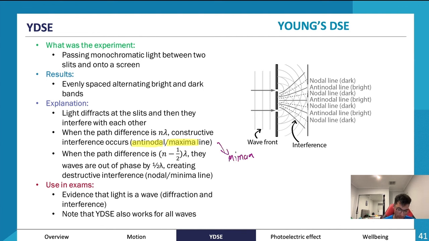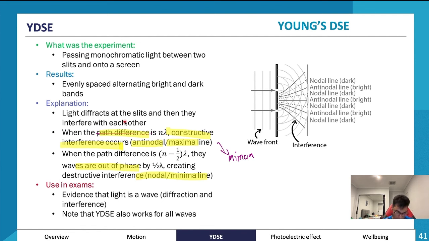You want to be saying words such as path difference, constructive interference, in phase, out of phase, nodal lines, antinodal lines, and all of these things. As long as you use the keywords for these, you would get a lot of the marks for the explanation types of questions.